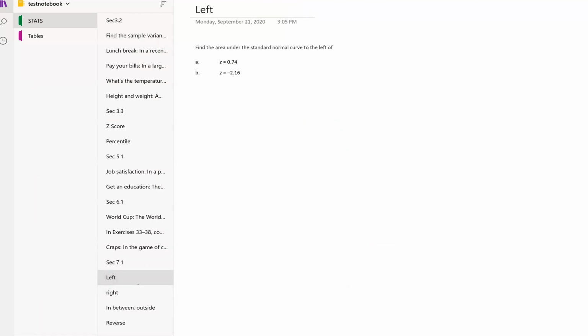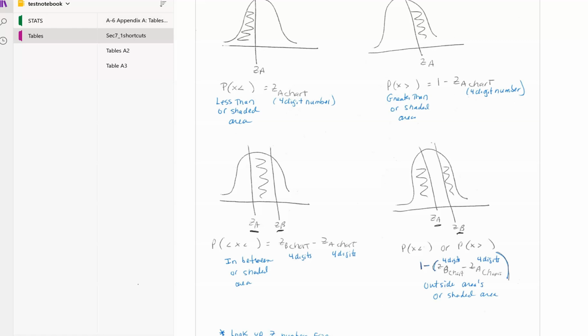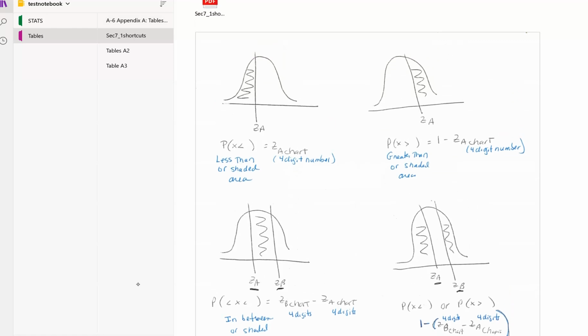Okay, next. Find the area to the left. So 0.74. Let's just draw this out. So remember, 0 is always in the middle. So 0.74 maybe is here, and I want to the left. According to my shortcuts here, the left is just the answer I look up on the chart.